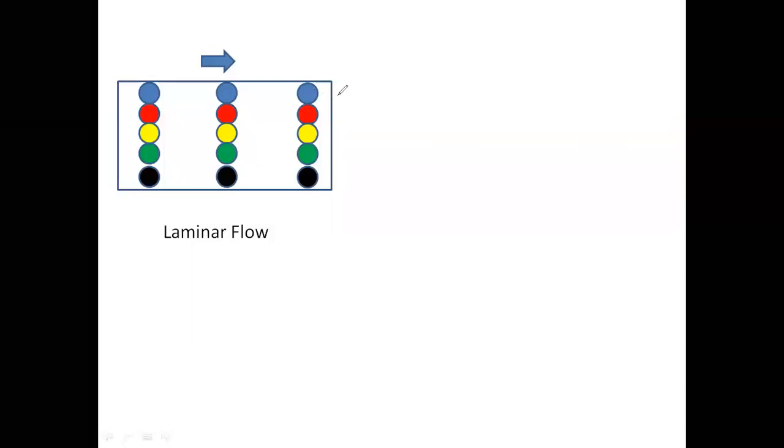Suppose this is a small part of the fluid inside the pipe, and this particle indicates the fluid particles. What happens in the case of laminar flow? Always the fluid particles move in one direction.